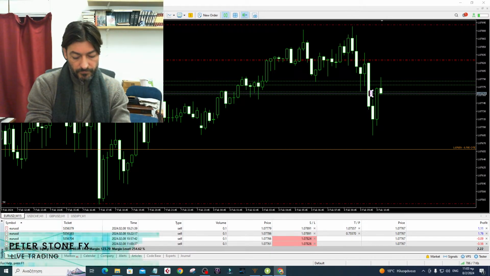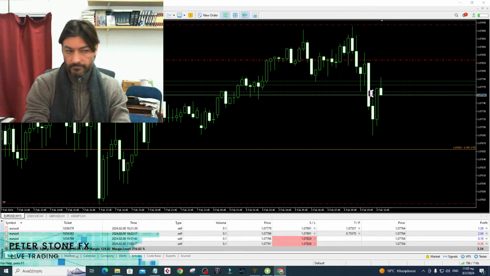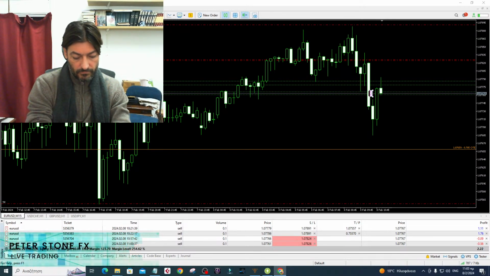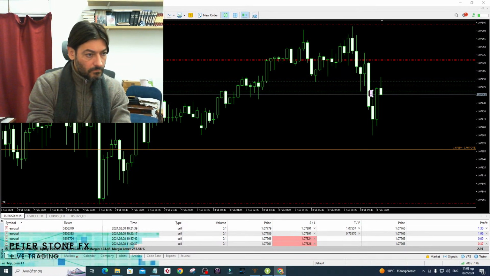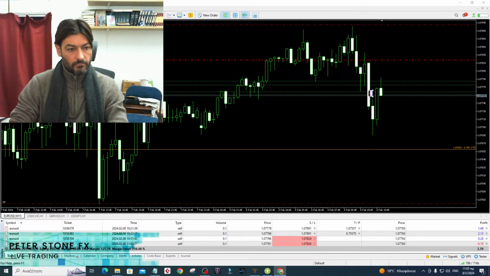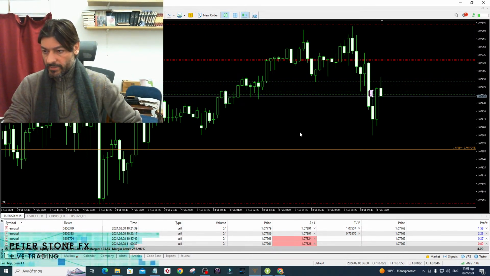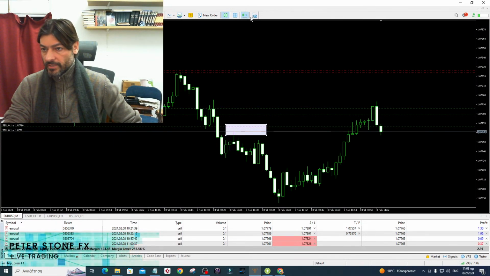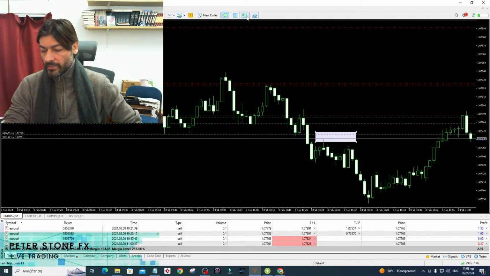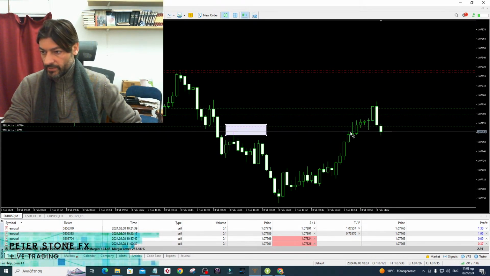4 positions. My setup, as you can see, suggests that this is a very good setup. This is a very good trade. So yes, you see the reaction.